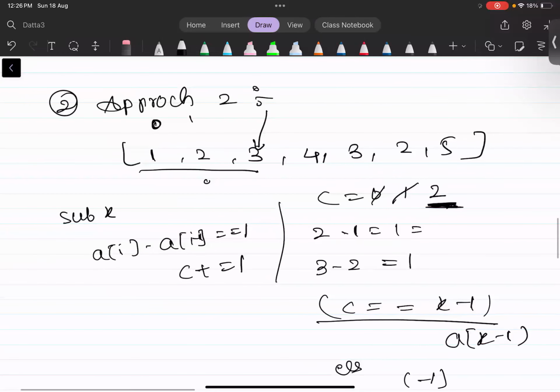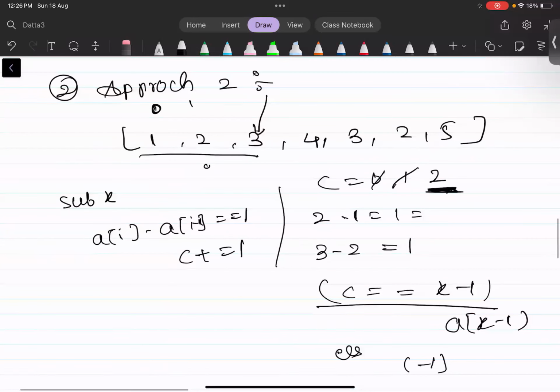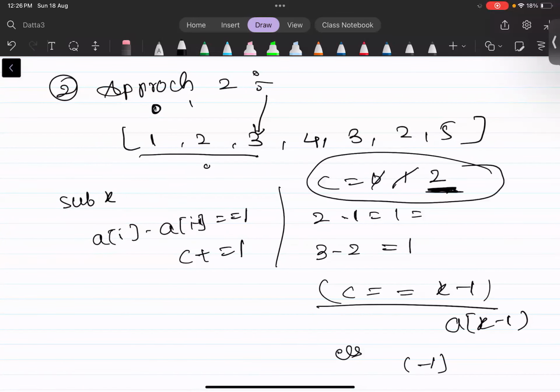Now, instead of checking each subarray, I am going to use this particular C and calculate the powers for each of these subarrays.